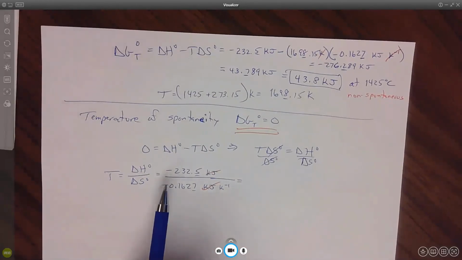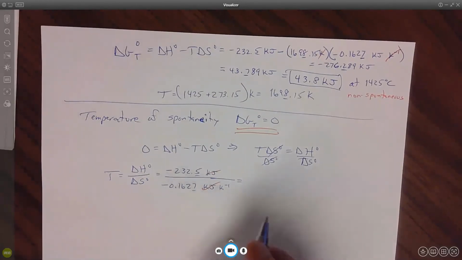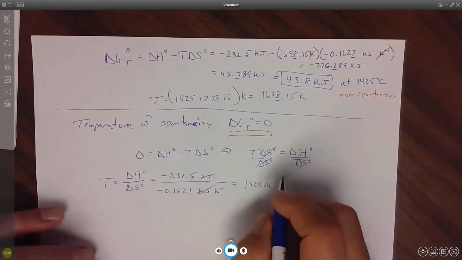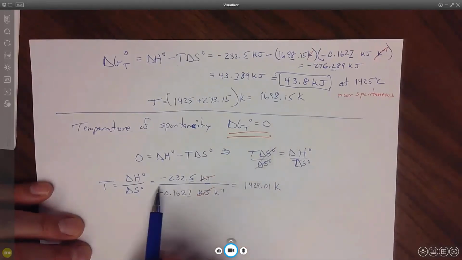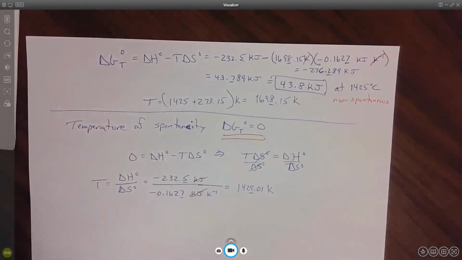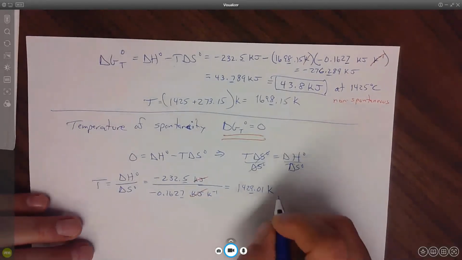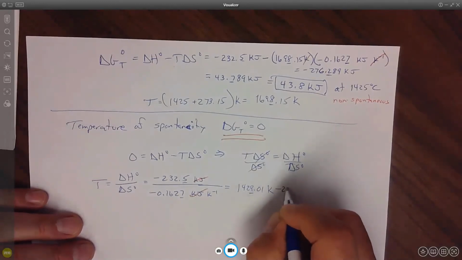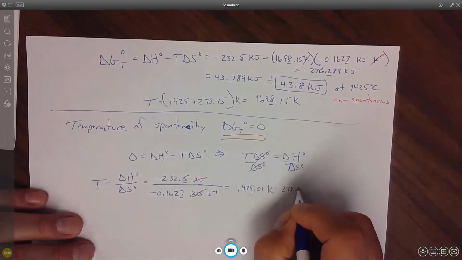So that's going to give me a value then of 1,429.01 Kelvin. And they're both 4 sig figs. Now, chances are, when I ask you this question on the exam, I'm going to want it in degrees Celsius. So to go from Kelvin to degrees Celsius, I'm going to subtract 273.15 from that.